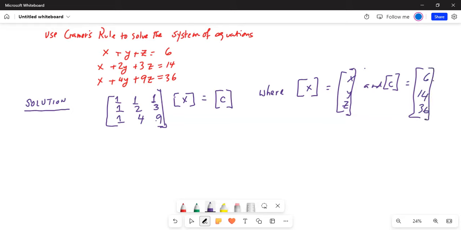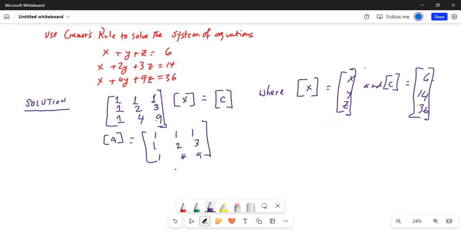Now this coefficient matrix A is equal to this whole matrix: 1, 1, 1, 1, 2, 3, and 1, 4, 9.